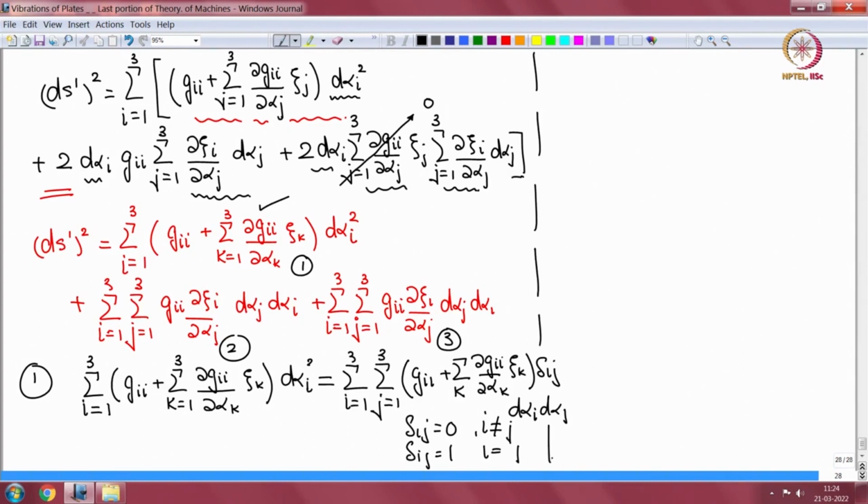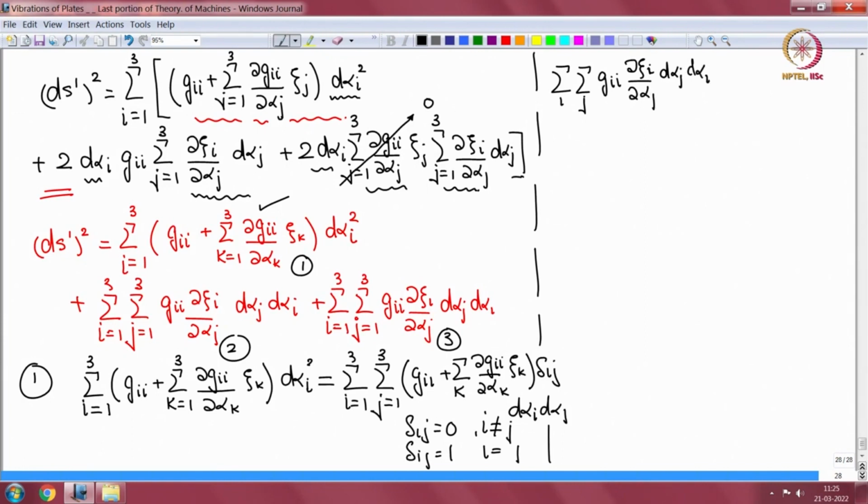Okay. Now the other two terms. The other two terms are actually repeats. So what I say, sigma I, sigma j, g I, del of xi I by del alpha j d alpha j d alpha I. This is the original term.